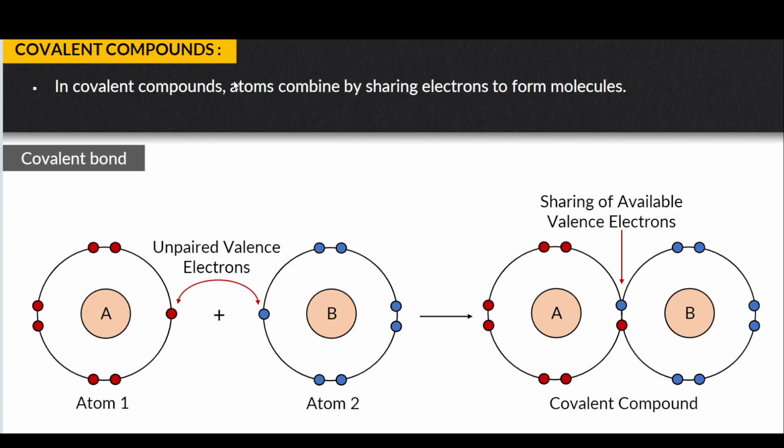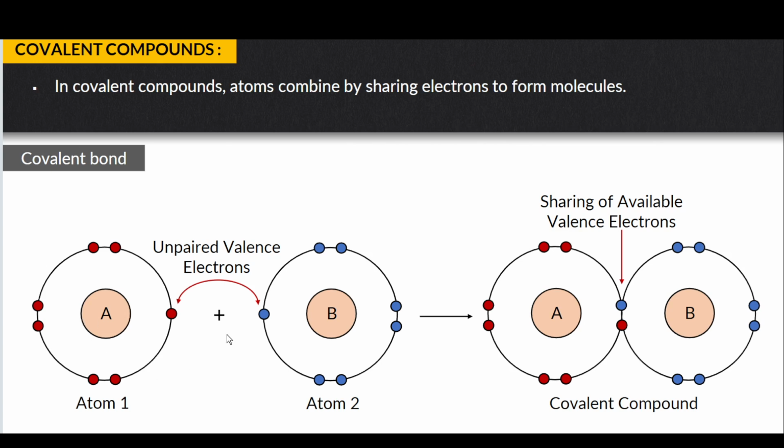So in covalent compounds, atoms combine by sharing electrons to form molecules. So let's say this is atom 1 and this is atom 2. Atom 1, as we can see, has 7 electrons in its shell, and atom B or atom 2 has 7 electrons, right? So when atoms A and B combine chemically, what happens is, as we know, for an atom to be stable it requires 8 electrons, right?